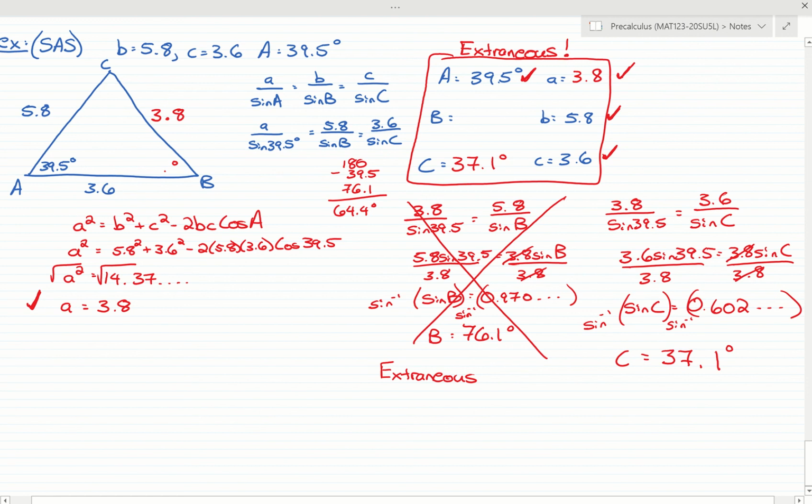Okay, so if angle C is 37.1, let's figure out what angle B is, and then hopefully the biggest angle is opposite the biggest side, smallest angle is opposite the smallest side. So I'm going to do 180 minus 37.1 minus 39.5, and that comes out to 103.4.